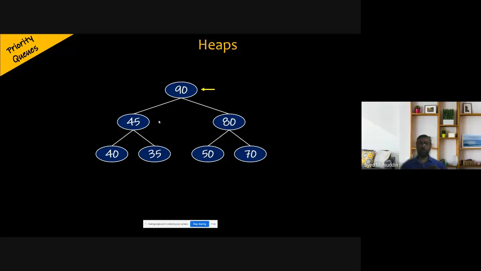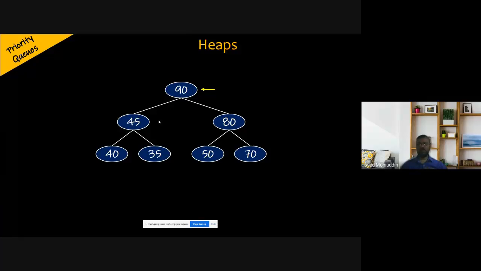But we only consider max heaps, so every node's children should be smaller than that node. That is the relational property. The other property is the structural property. A heap has to satisfy both relational and structural.